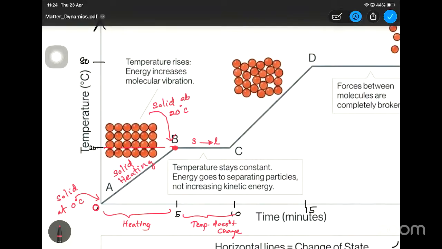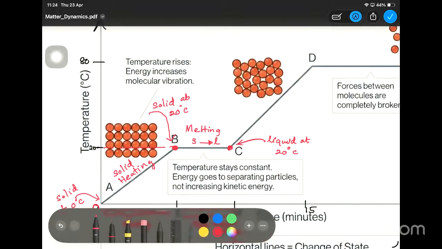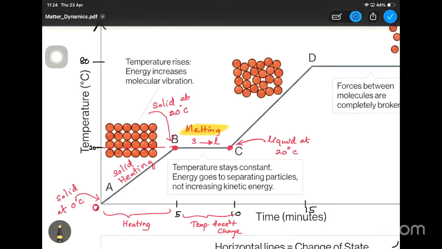Remember this phase is for melting. At C, you will have a liquid at 20 Celsius. So this process is melting, and is the temperature going to change?